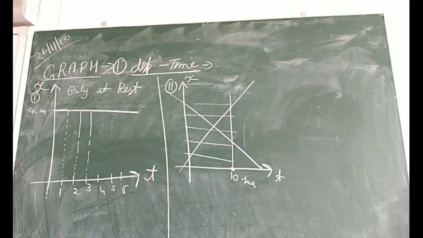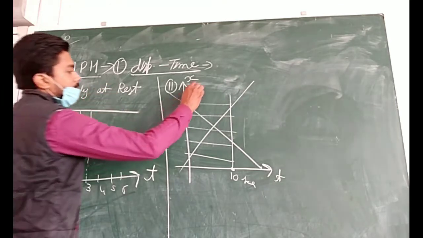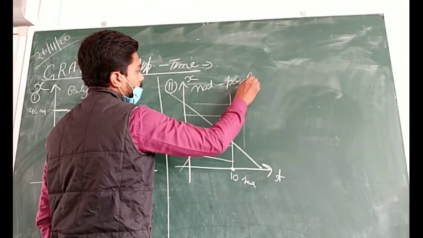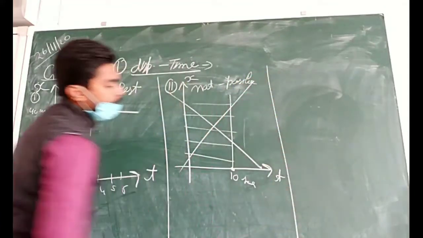Such types of graphs are not possible where time is at rest. If there is a situation where time is at rest, then the graph is not possible. Is it okay? Yes. Then this graph is not possible, because time is at rest.